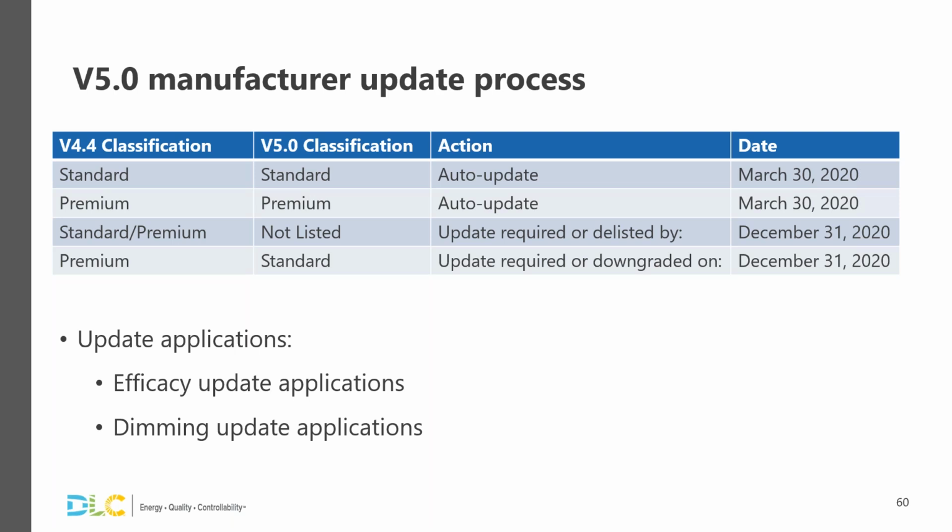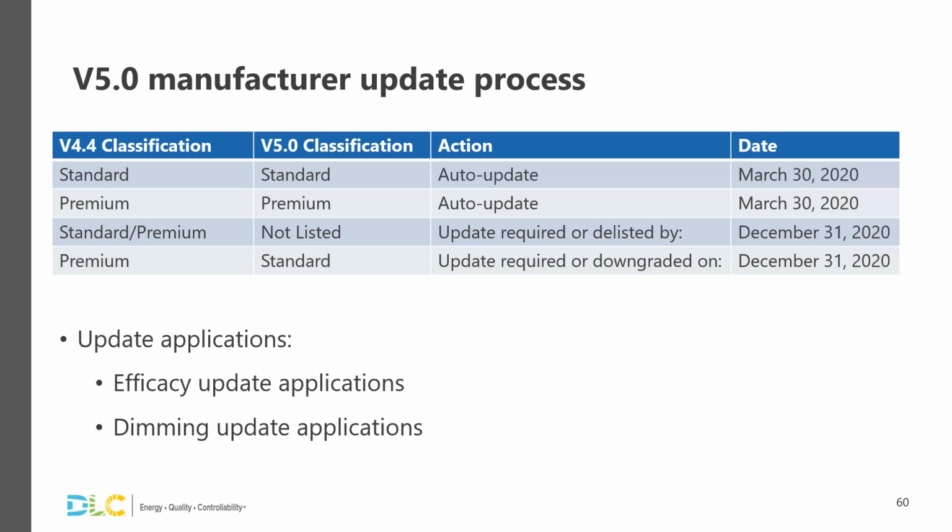This slide is giving more detail regarding updates and delistings. Delistings for 5.0, as previously stated, will be based on the new efficacy requirements and the dimming requirements where applicable. Version 4.4 standard products that meet version 4.4 premium and 5.0 standard products that meet 5.0 premium will be auto updated on March 30th of 2020.